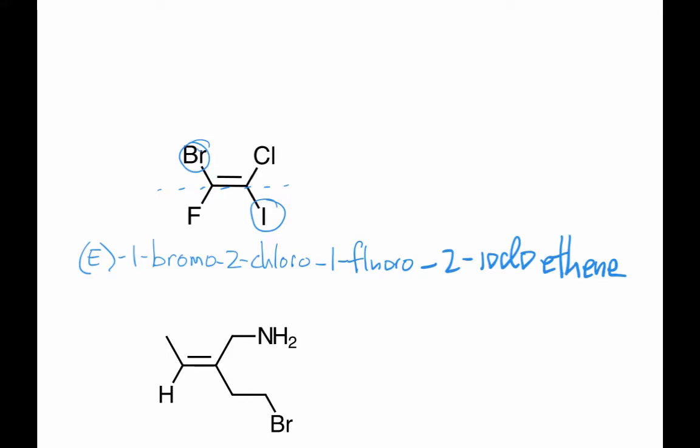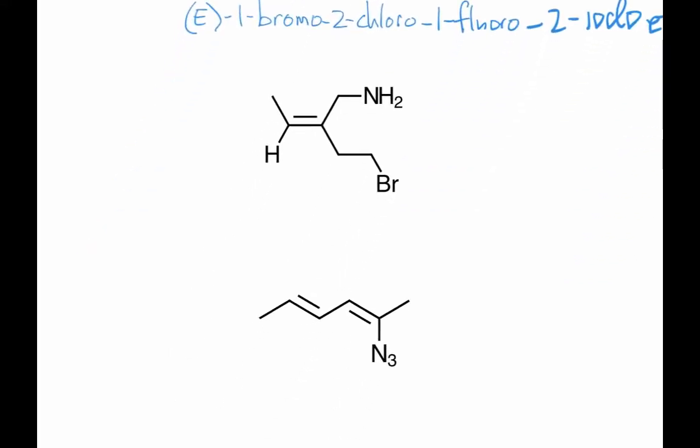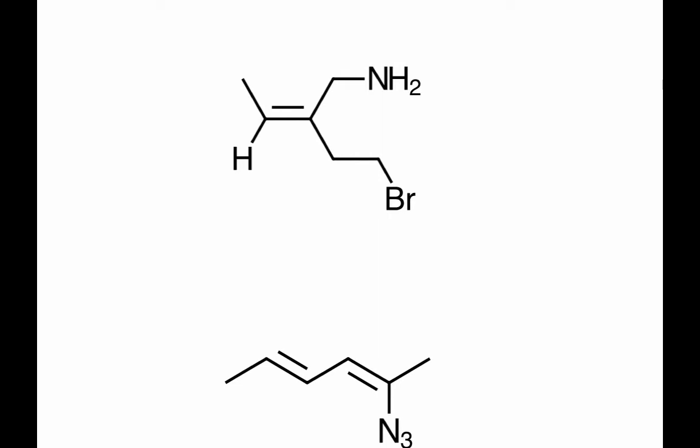All right, let's take a look at the next problem, the structure here. So let's go ahead and do the RNS. There's my double bond. I have a hydrogen versus a carbon. So right away I have a difference. So the carbon is the higher priority group. On the right-hand side, I have carbon, carbon, so that's a push. There's no difference there. Then I go to the highest atomic number atom off of that carbon, which is going to be that nitrogen.